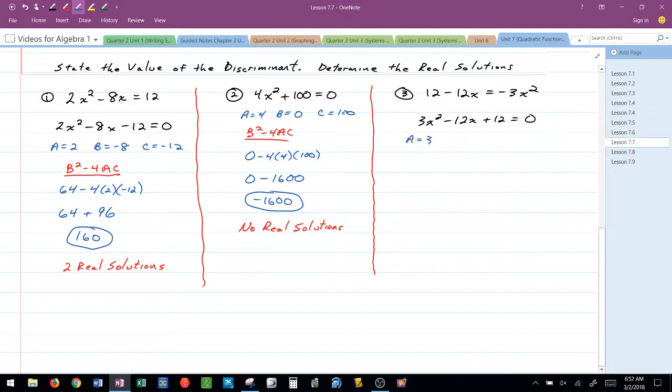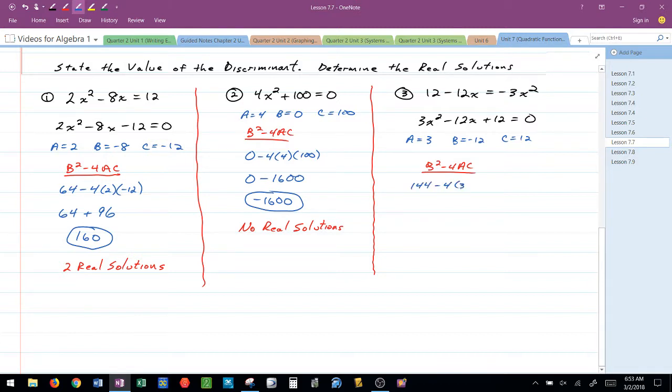I know that a is 3, I know that b is negative 12, and I know that c is 12. Okay? I go to the discriminant, b squared minus 4ac. I know negative 12 squared is 144.